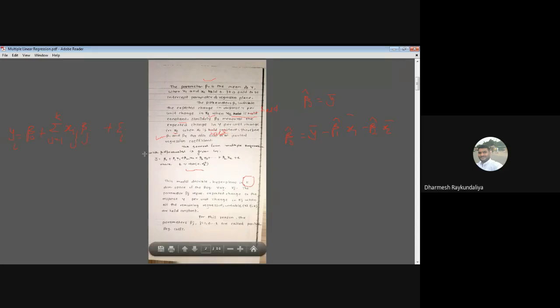And x i j is nothing but the value of the jth regressor on the ith response. Regressor कौन सा है? j, तो j equal to 1 to k, so it is the value of the jth regressor on the ith response. Response कौन सा है? i equal to 1 to n. We have measured the response on n respondents.